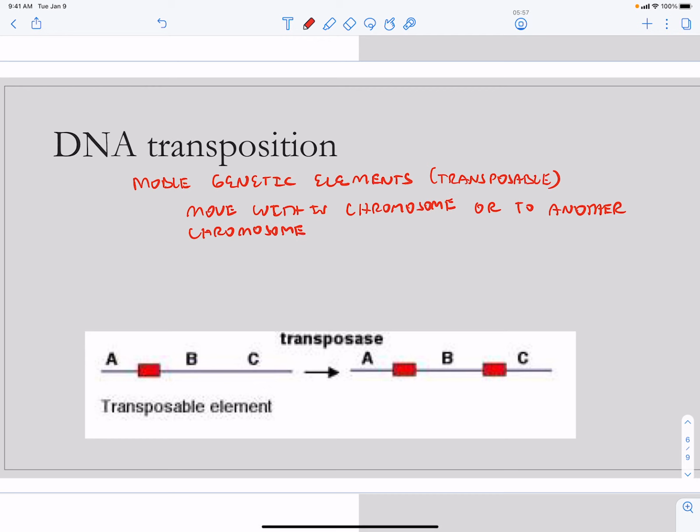And there's no requirement for sequence homology. They simply can insert themselves wherever they want to go.